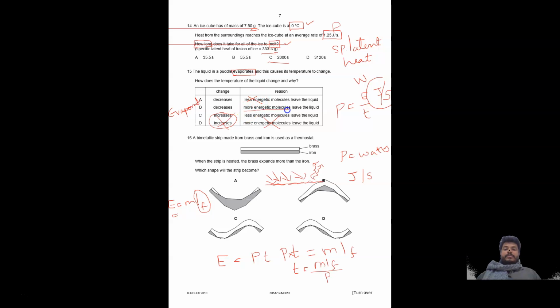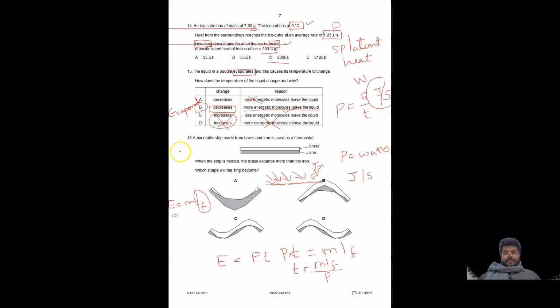Always more energetic molecules leave the liquid, because they have more energy and can escape from the surface, right? So when they escape, the lower energetic molecules left behind decrease the temperature. So the option is B. Question number 15, B.